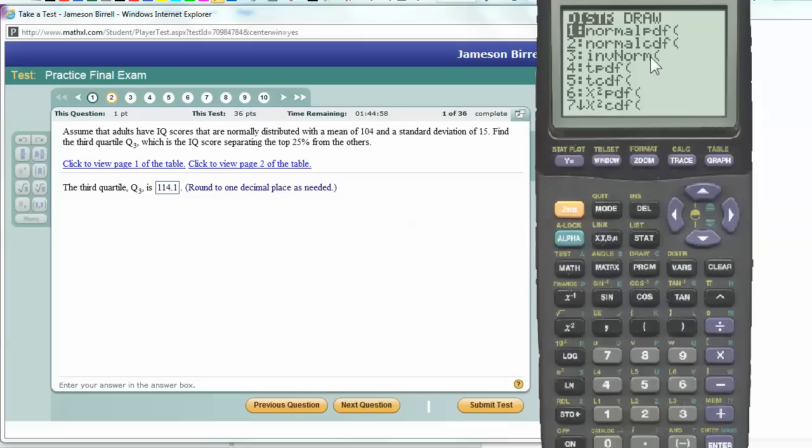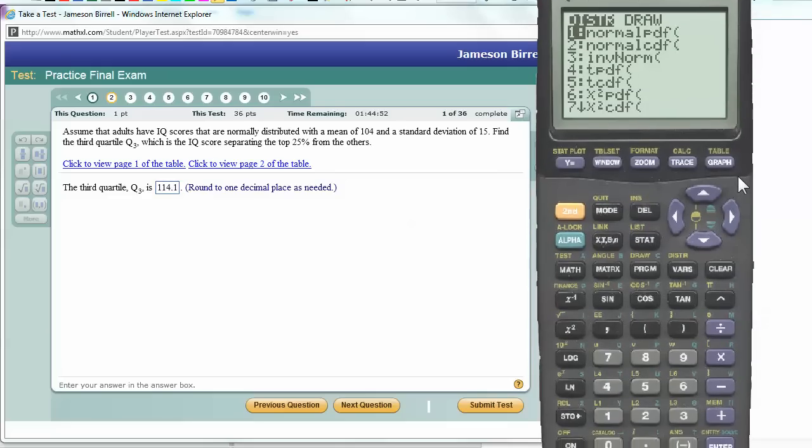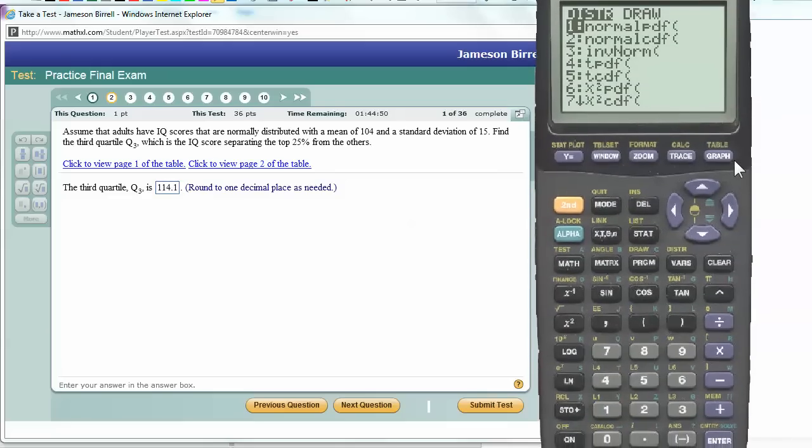There are a few more options if you're using the TI-84 versus the TI-83, and I'm using the 83, unless you actually installed the programs. But this option should be available to you in either case. It's inverse norm. It's going to request the left area under the standard normal distribution, and then it'll output what the z-score is that corresponds. I'll demonstrate that.